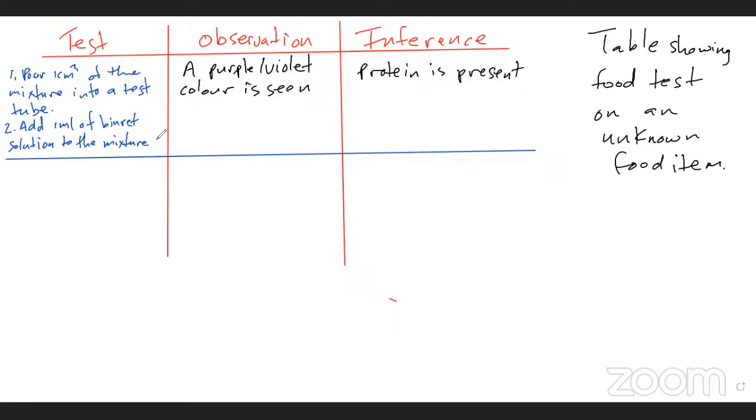If you don't have any Biuret solution, which 2 chemicals can we use? Sodium hydroxide and copper sulfate. That is correct. What is the key component of the Biuret reagent? The copper 2 plus ion. Right, that is correct. So that would be it for the Biuret test.